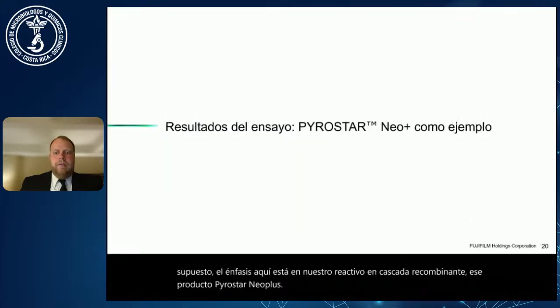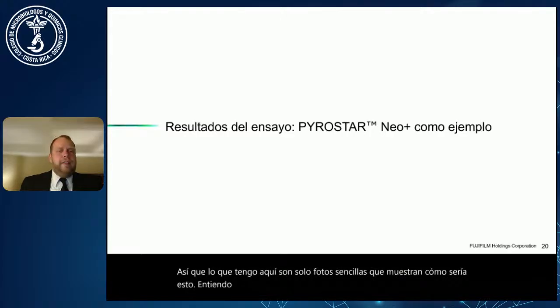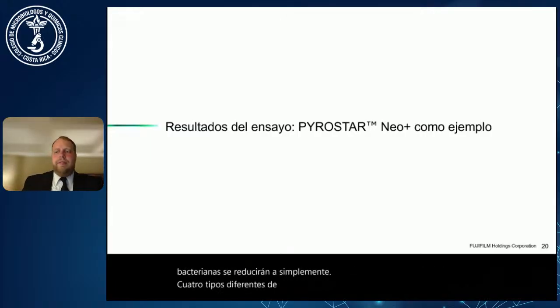So what I have here are just simple pictures showing what this would look like. I understand the assay can have an infinite number of iterations and what it would look like for you, but essentially every bacterial endotoxin test is going to come down to just 4 different types of samples or 4 different types of solutions that are used.